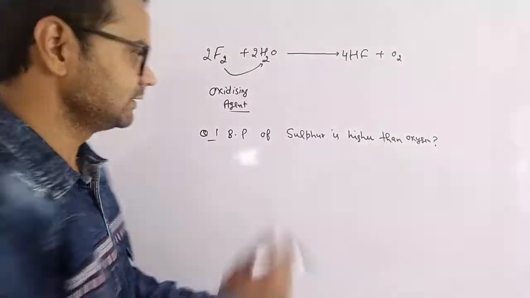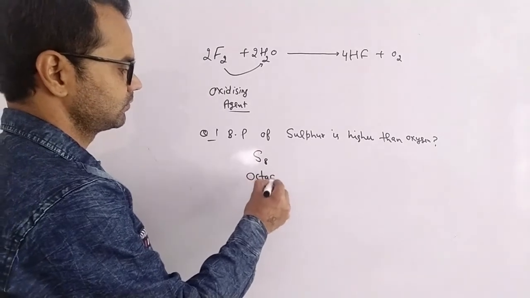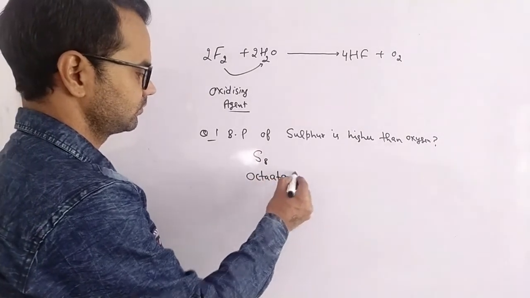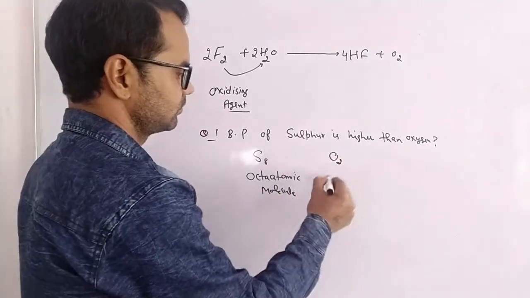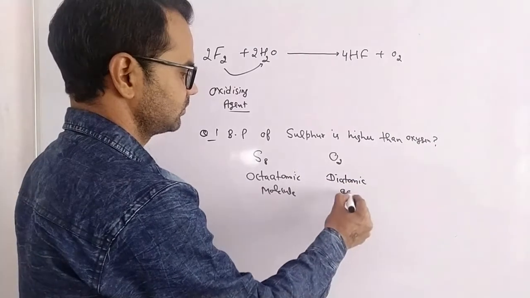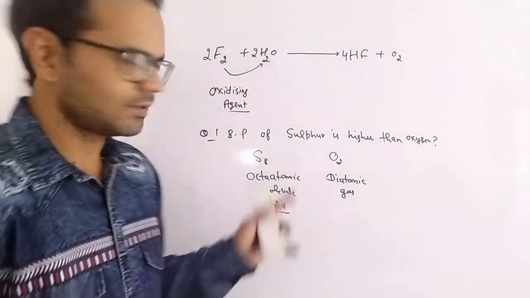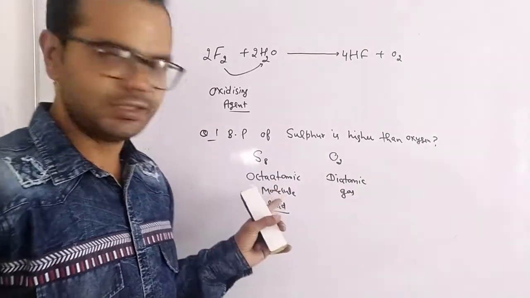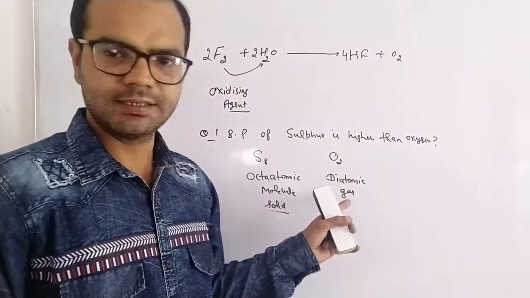As we know, sulfur is an octatomic molecule, and it is a solid in nature. O2 is diatomic and it is a gas in nature.